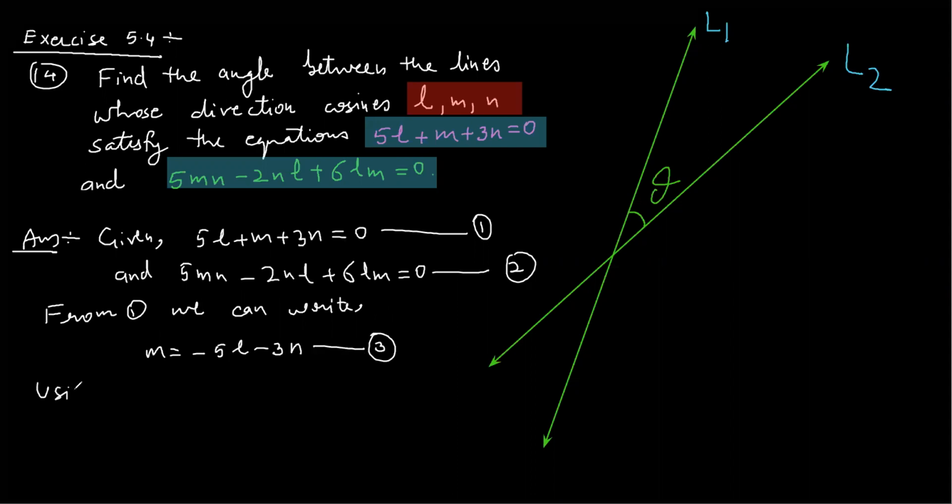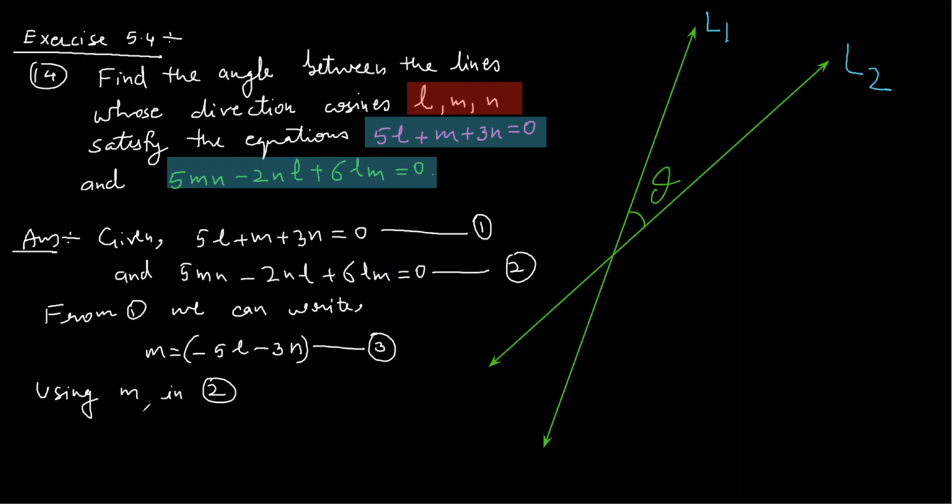I write here using M in 2. So this value of M which I obtained, I'll be using in equation 2. So here I have M and here I have M. So in these two places, what I will write? I will write this. Okay, so see what I get.